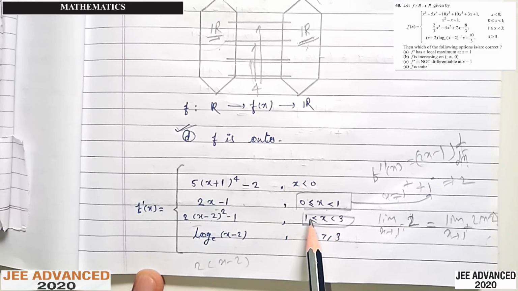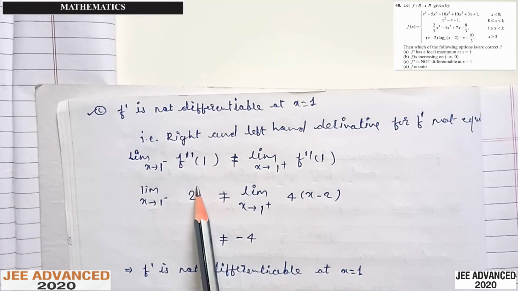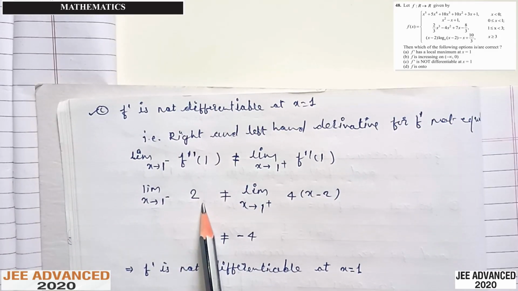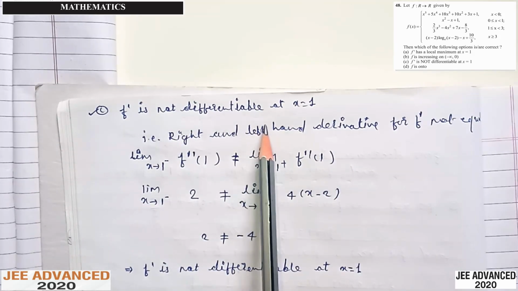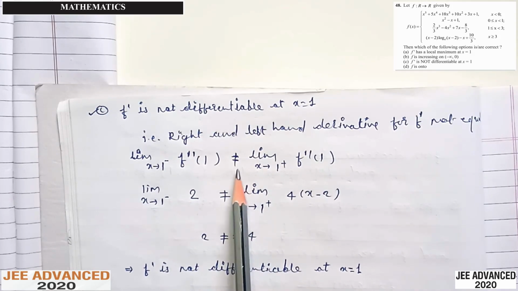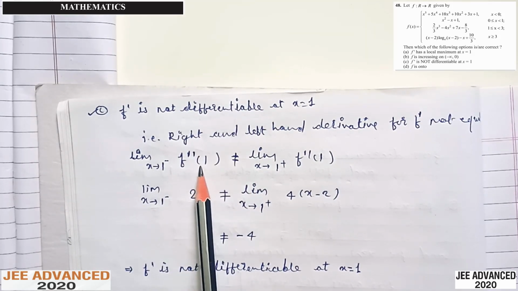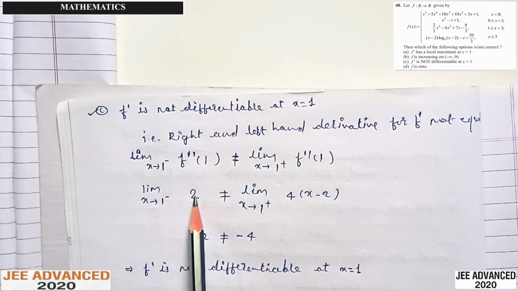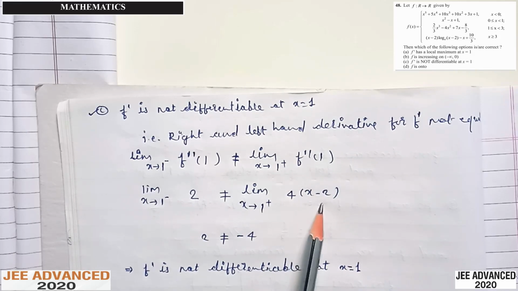Now let's find out the answer. So here I explained, x tends to 1 minus, f double dash of 1. I got the value 1, and it is not differentiable. If x is equal to 1, it is not differentiable. That means the left hand and right hand differentiation are not equal. F double dash of 1 at point 1, I got 2. For f double dash of 1 at point 1, I have to find 4 into x minus 2, the double differentiation for f double dash of x.